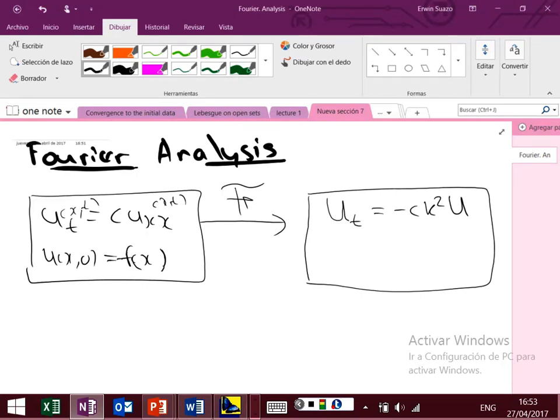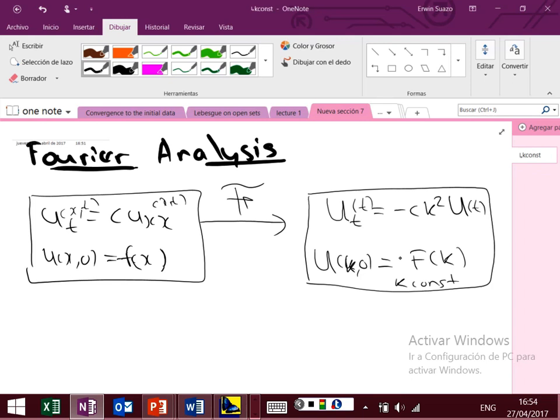I have enough time to do it today, but you'll see that this is a very standard and very easy procedure. So then you get this one: capital U at k, 0 equals f of k. Here k is a constant, and your variable now is t.